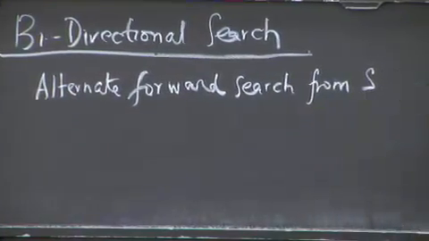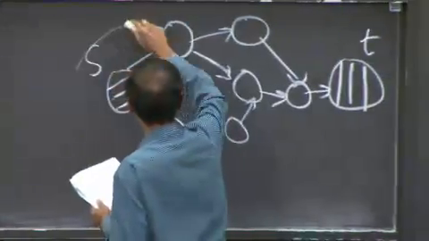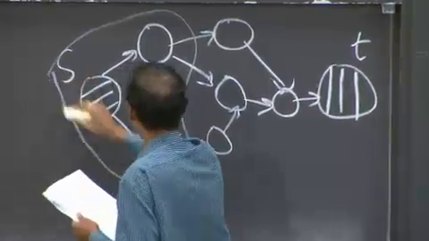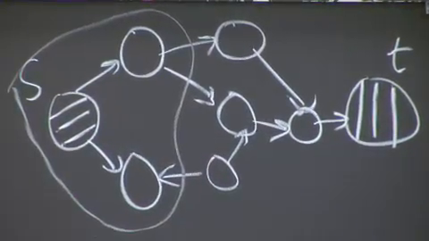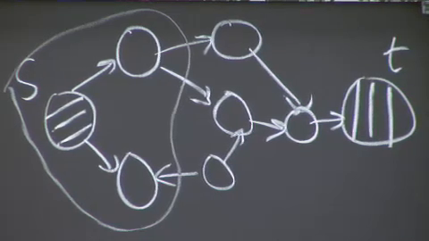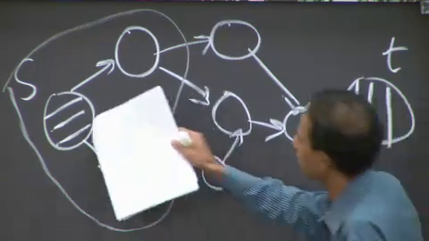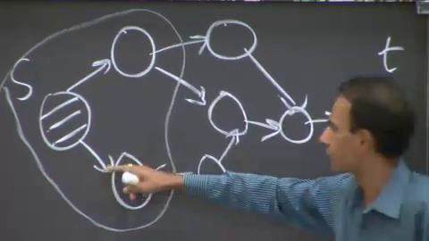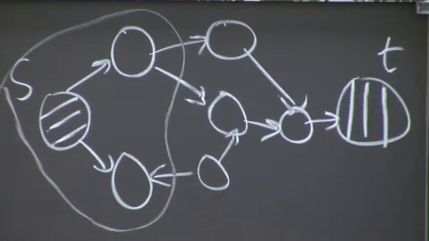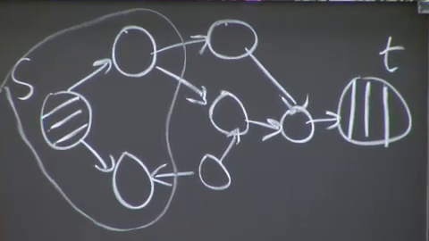In the first step of the forward search, you pick the vertex S off of Q, and you process the edges that come out of S, and that would correspond to these two edges. So that's one step of forward search.